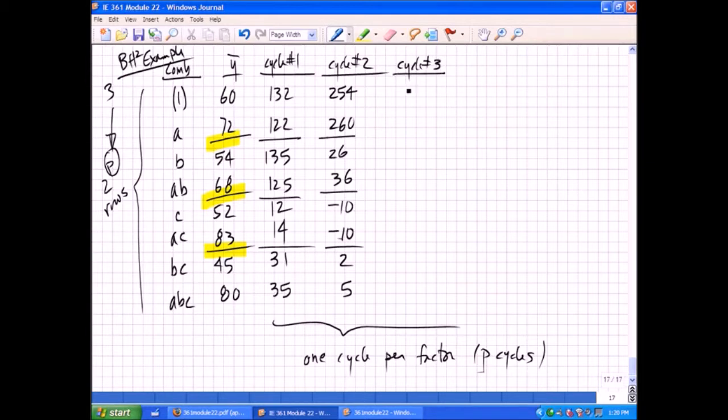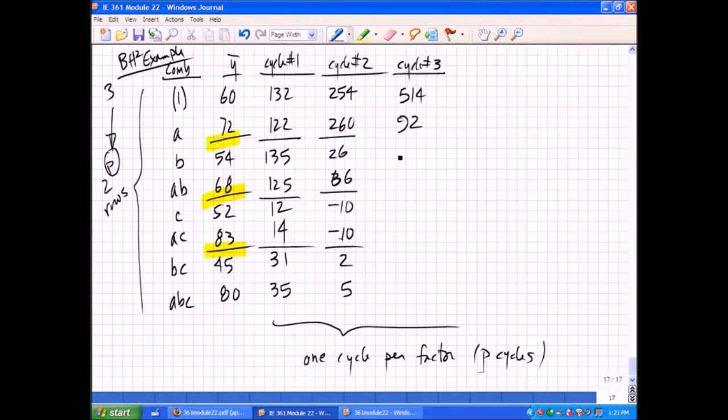254 and 260 add to 514. 26 and 66 add to 92.